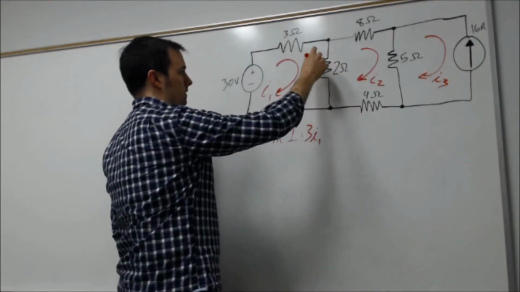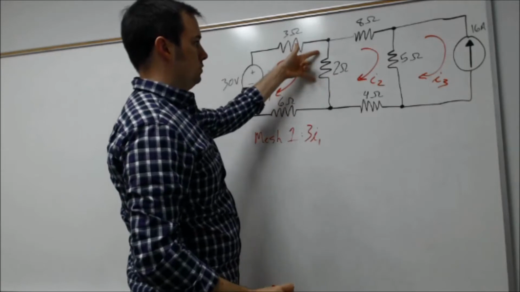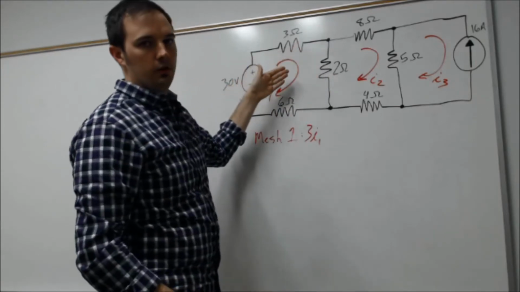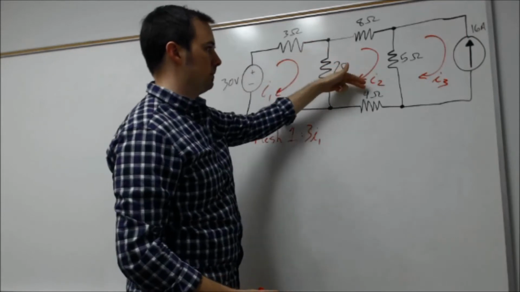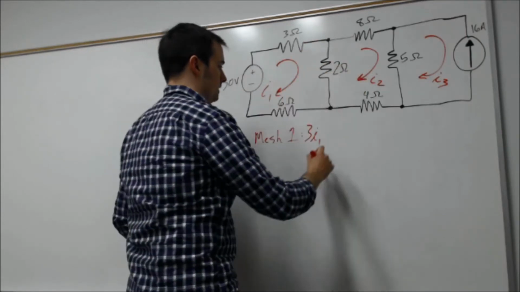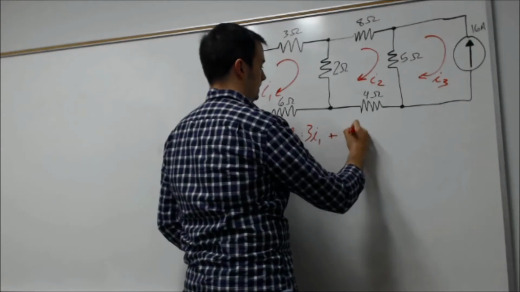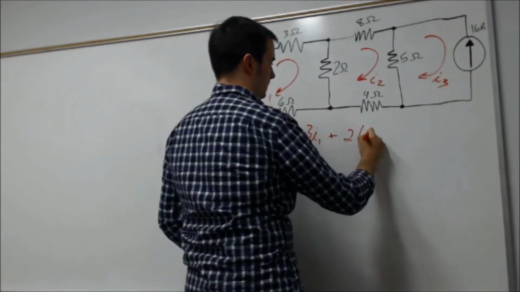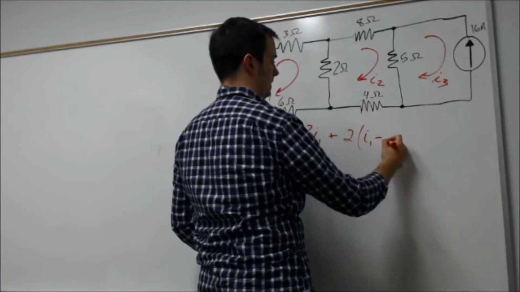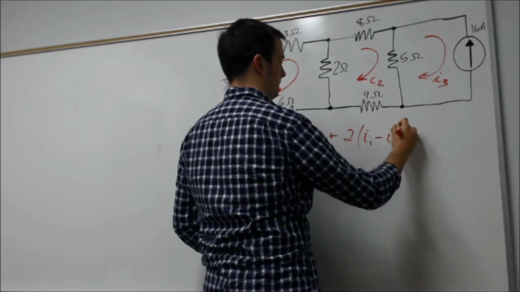Then coming down through this, the voltage drop across the 2 ohm resistor is going to depend not only on my mesh current I1, but also on what's opposing that, my mesh current I2. So for that one, it's going to be the value of the resistor times I1 minus that opposing current I2.